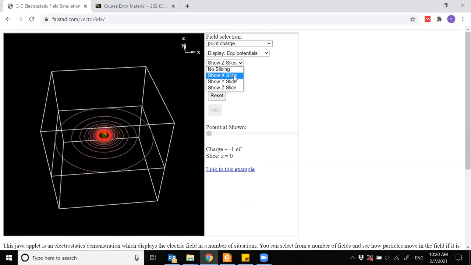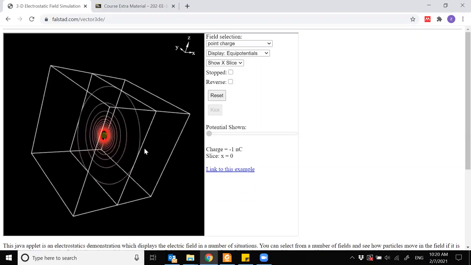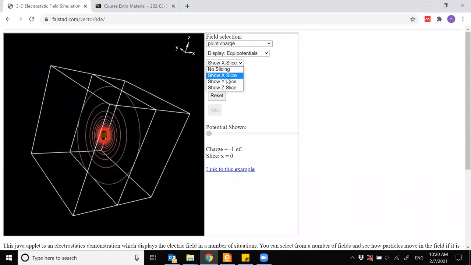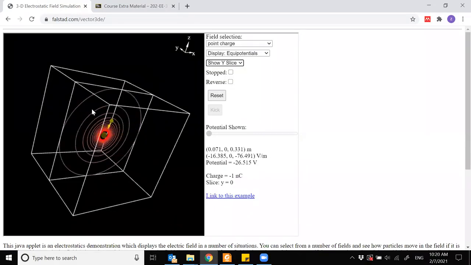You can also take the X slice, it is also a circle. And you can take the Y slice, it is also a circle. Now just try to construct these circles in three dimensions. If you do, you will get a spherical shell. That is your equipotential surface.